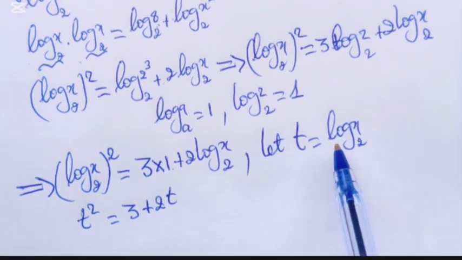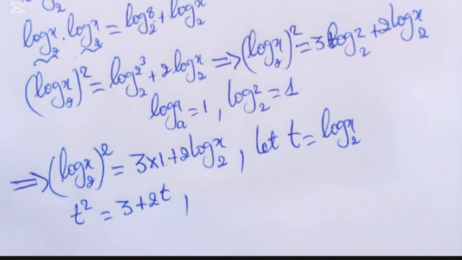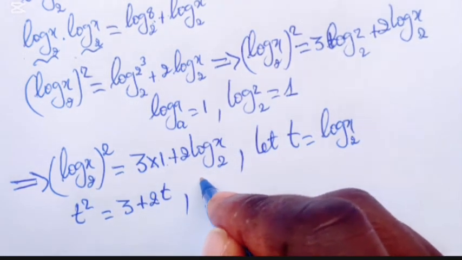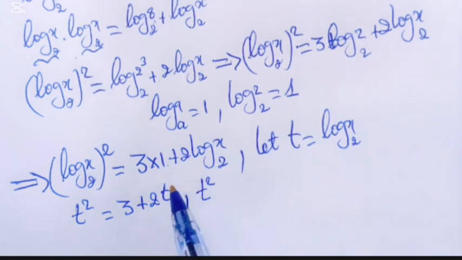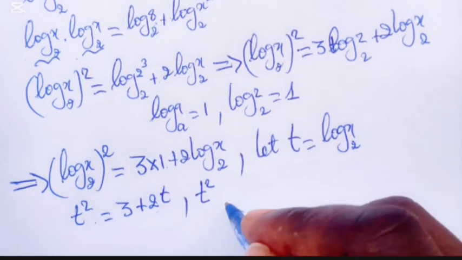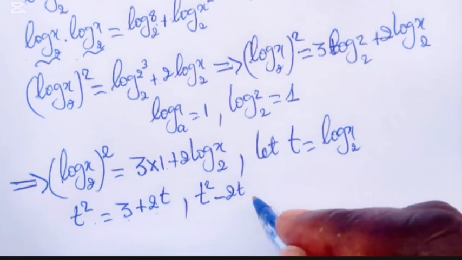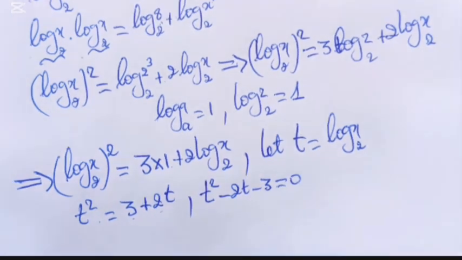Now we need to form the quadratic equation in t. We have t squared. Take this 2t to the left, we have minus 2t. Doing the same for 3, minus 3. This is equal to 0.